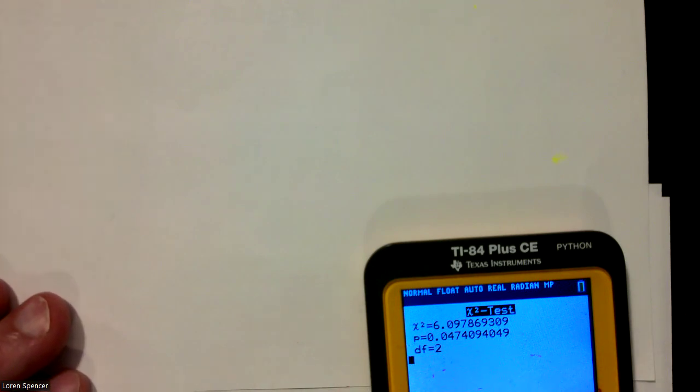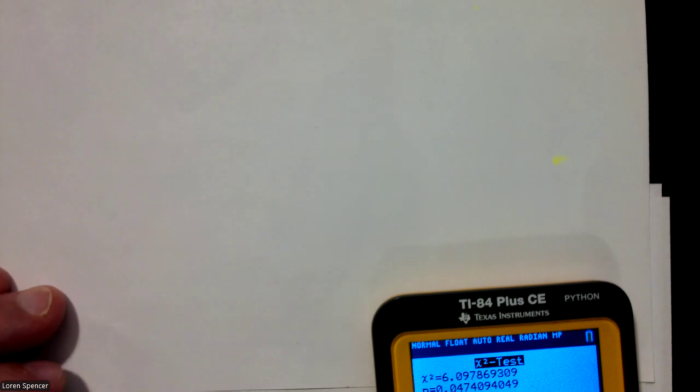Well, we already know our formula is observed minus expected squared over expected. But now we have our p-value of 0.0474. That's the area shaded here. And we have a chi-squared of 6.0978 right there. Please remember, we always go to positive infinity and we start at 0.